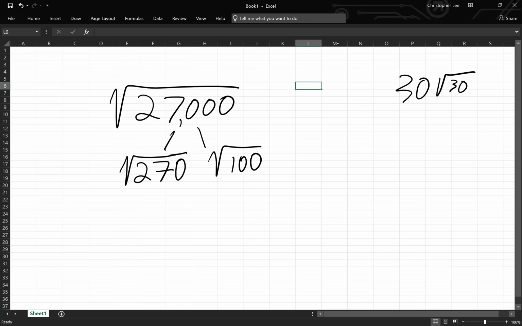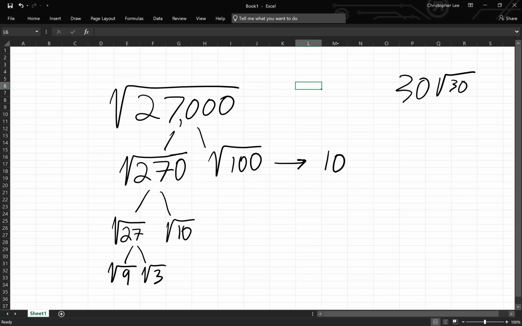So with 270, I would break this up into 27 times 10. Just know that that's going to be 10. For 27, this is what? Square root of 9 and square root of 3.